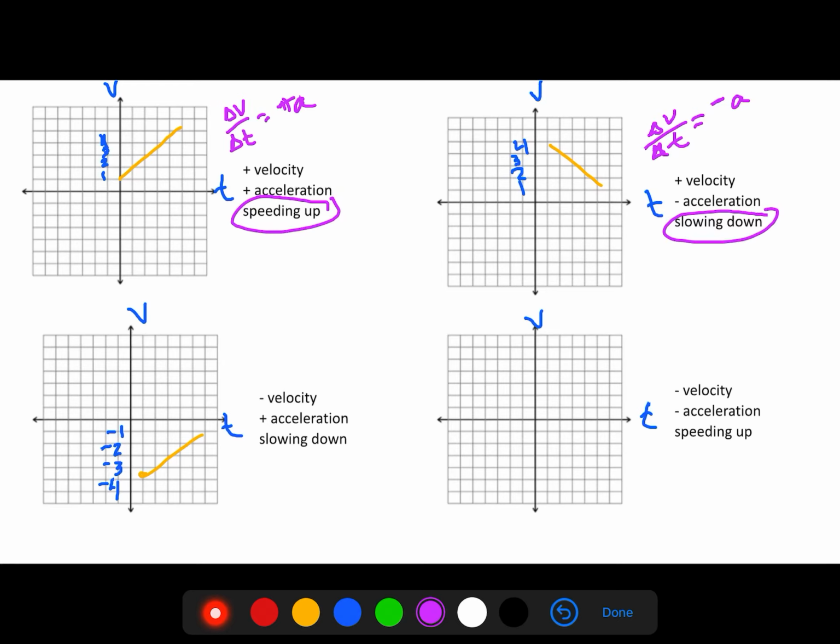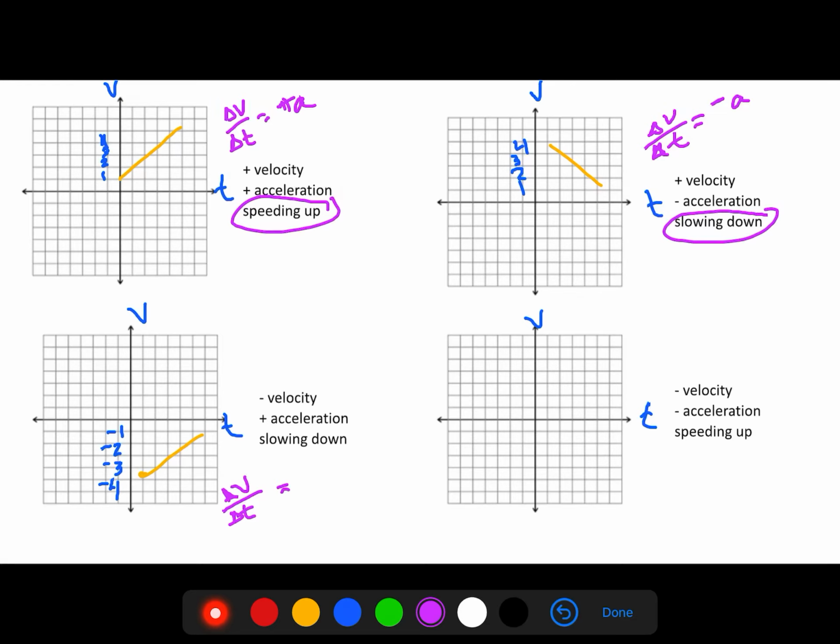If I look at my acceleration, that's going to be my change in velocity over time. So in this case, my velocity went from a negative 4 to a negative 1, and my acceleration is going to be positive because this is a positive slope. All right. So in this case, my object is slowing down because we have a decrease in our velocity value.